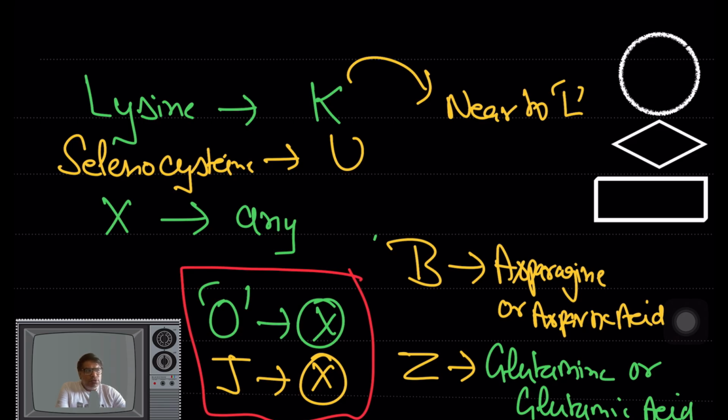J, due to some linguistic reason, has not been assigned any letter. If in future there is some new discovery in biology, it can happen, then later we can think, but keep in mind O and J have not been assigned any specific amino acid. Clear? Now let us move forward.